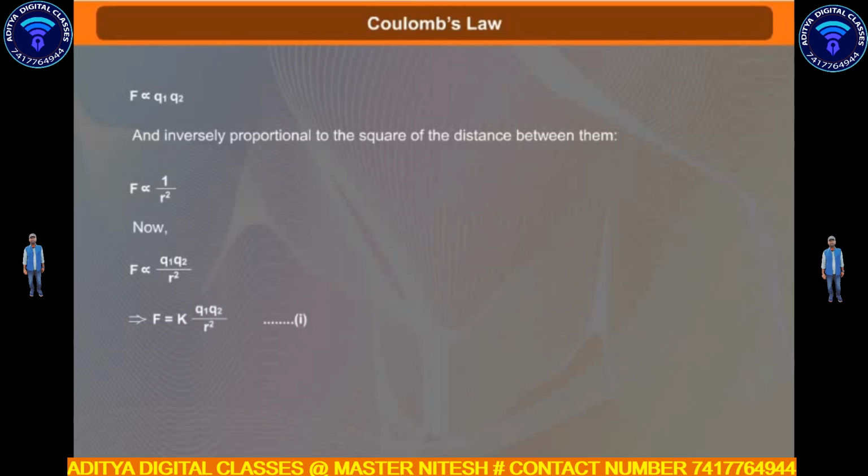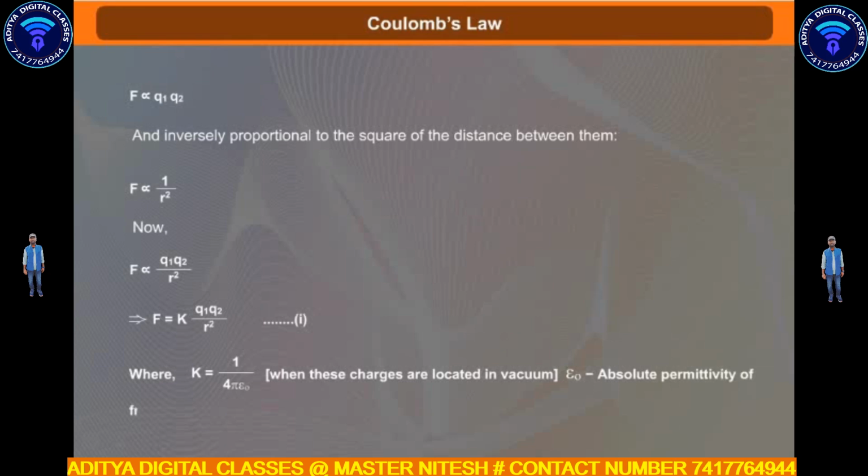Let it be equation 1, where K is equal to 1 upon 4 pi epsilon naught, when the two charges are located in vacuum. Epsilon naught is the absolute permittivity of free space, which is equal to 8.85 into 10 raised to the power minus 12 coulomb square per newton per meter square.